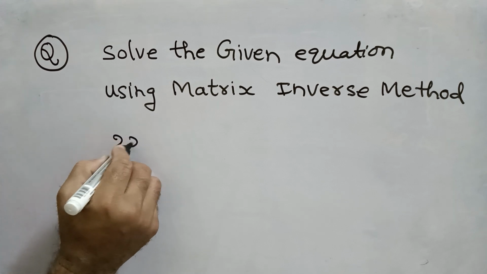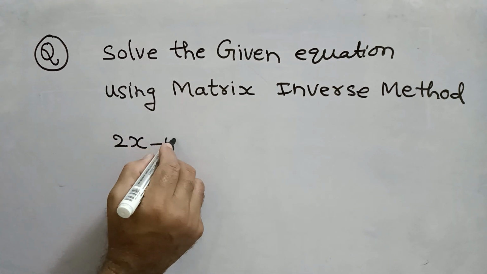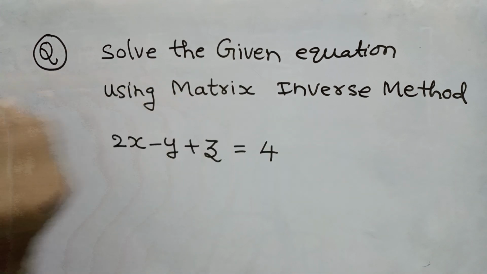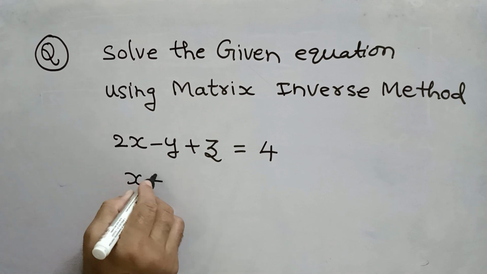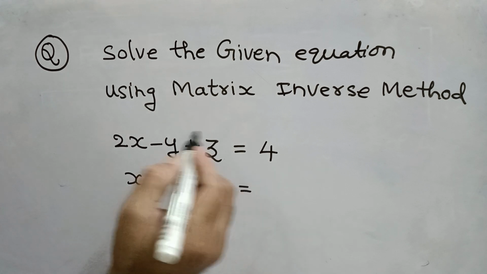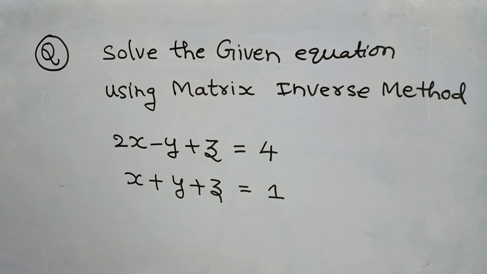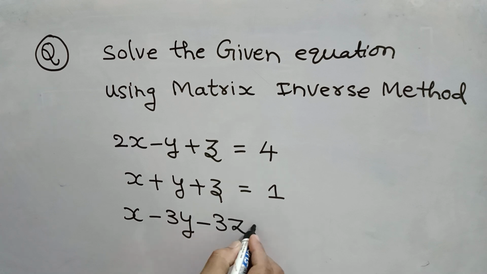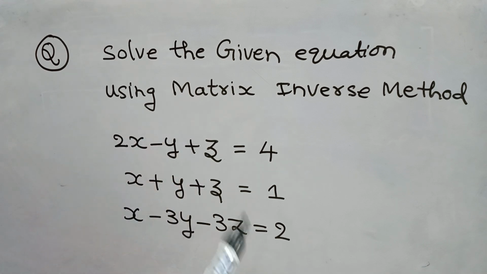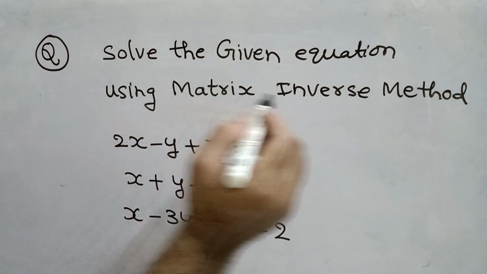The first equation is 2x minus y plus z is equal to 4, the second equation is x plus y plus z is equal to 1, and the third equation is x minus 3y minus 3z is equal to 2.